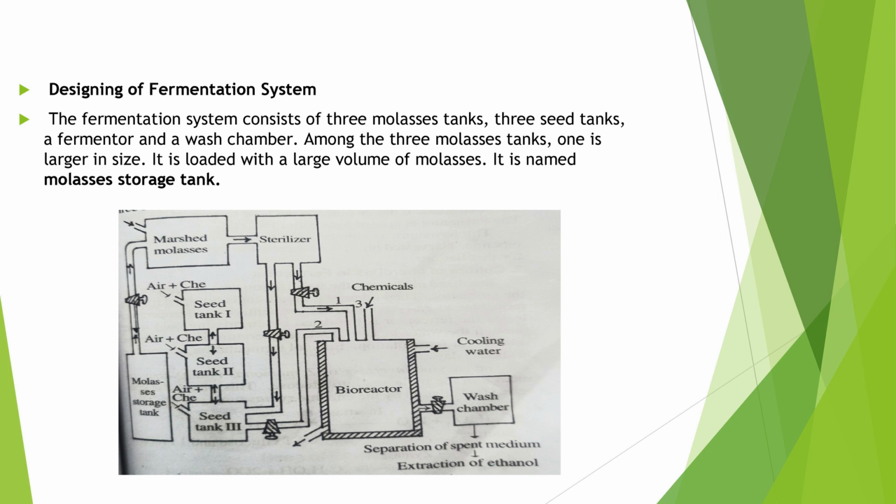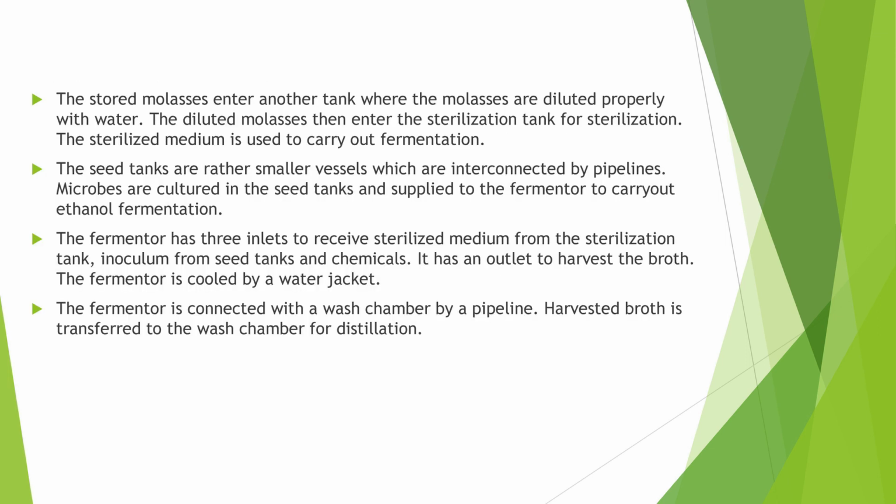It is loaded with a large volume of molasses and is named the molasses storage tank. The stored molasses enter another tank where the molasses are diluted properly with water. The diluted molasses enter the sterilization tank for sterilization. Here the medium undergoes sterilization and is made ready for the fermentation process.